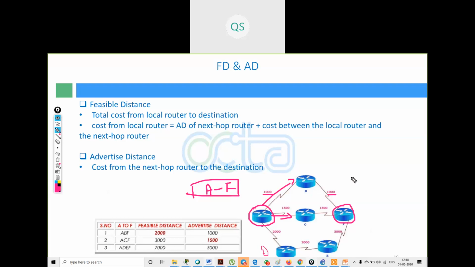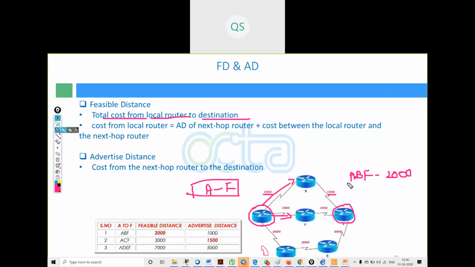So for ABF, my FD value will be 2000. Feasible distance is the total cost from the local router to the destination.